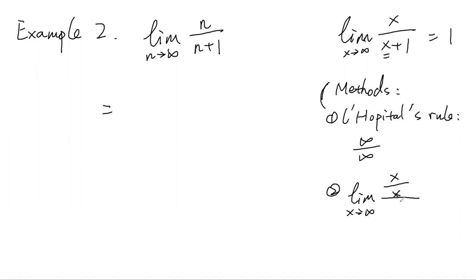So divide both the top and the bottom by x, 1 over x. And you get the limit as x approaches infinity of 1 divided by 1 plus 1 over x. Then when x goes to infinity, 1 over x goes to 0. So you get 1 over 1, so it's equal to 1.